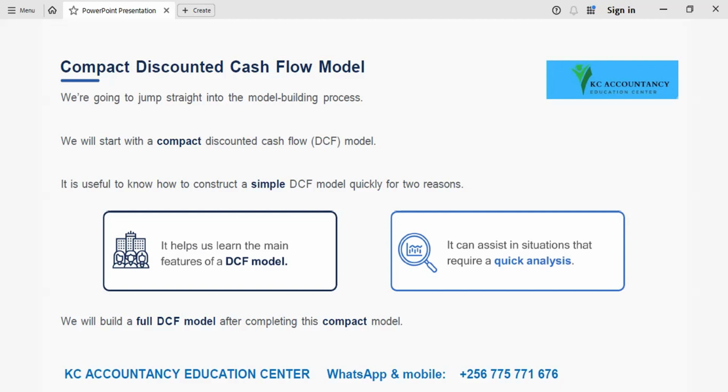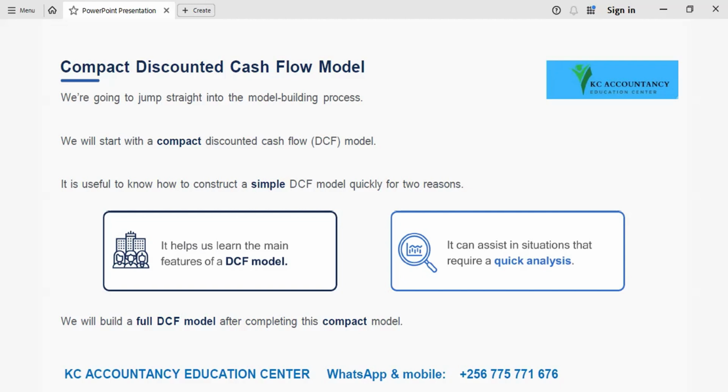It is very important for everyone working in finance to understand how to build a DCF model the right way. In fact, we are going to start with the compact discounted cash flow model, or the DCF model. So that's what we are going to start with.